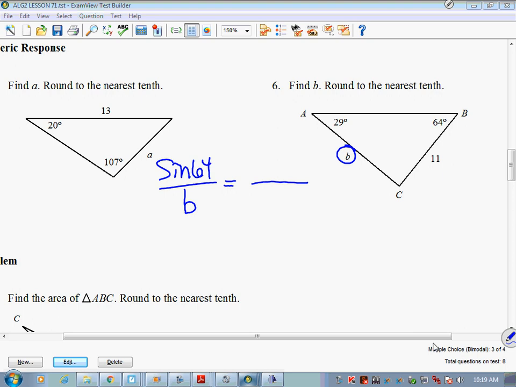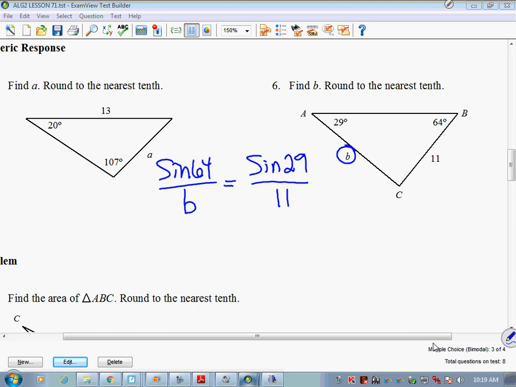Let her figure it out. Okay, we're always doing angles on top, right? So sine what? 29 over the side that's opposite it, 11. Okay?